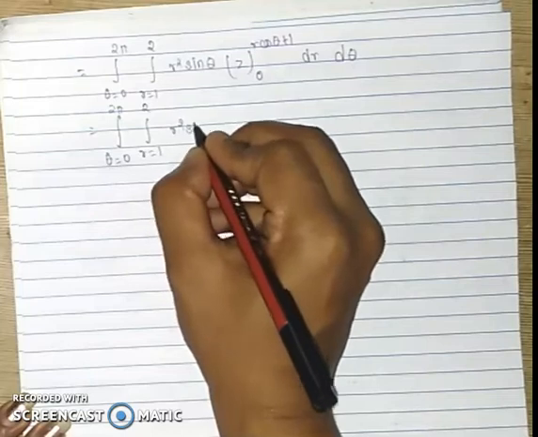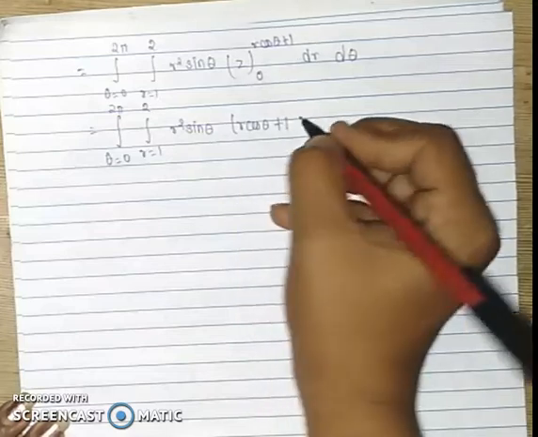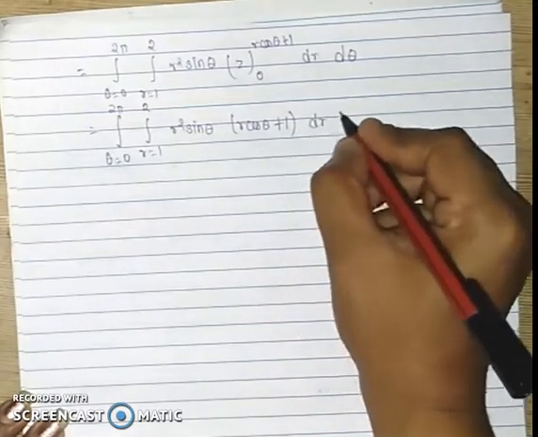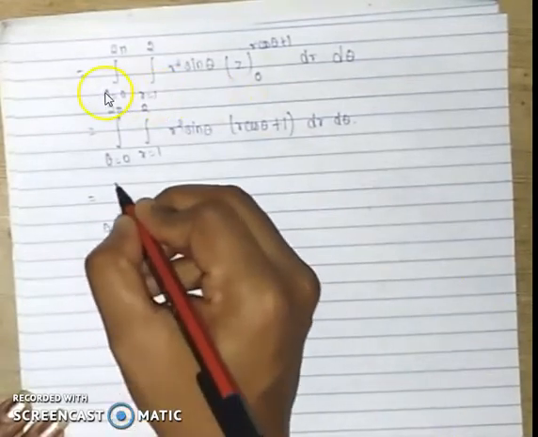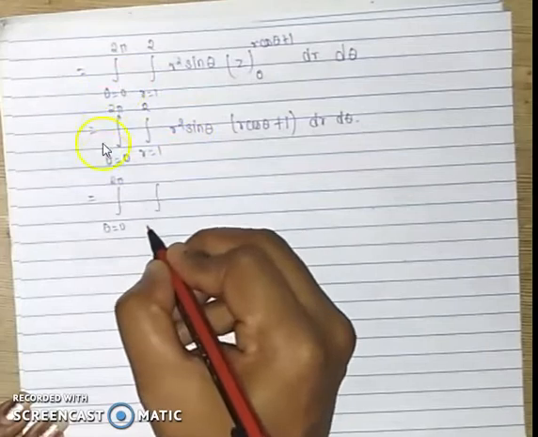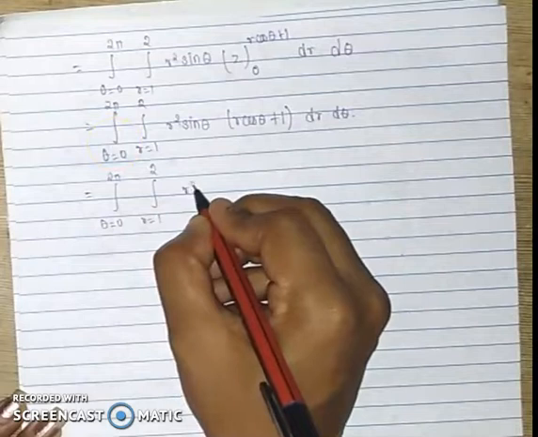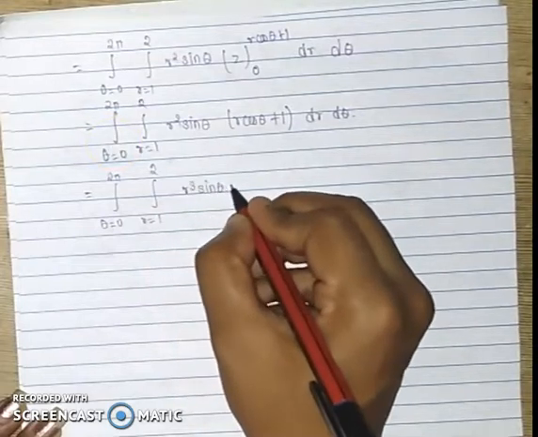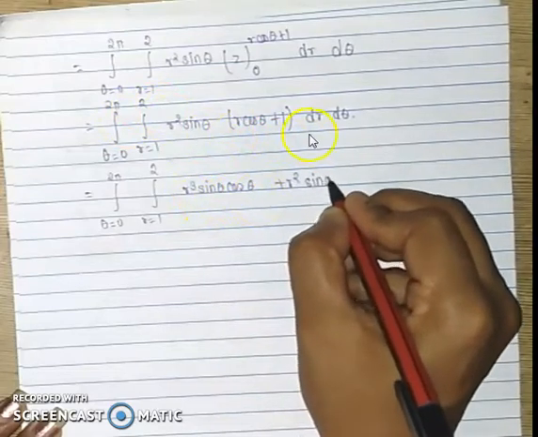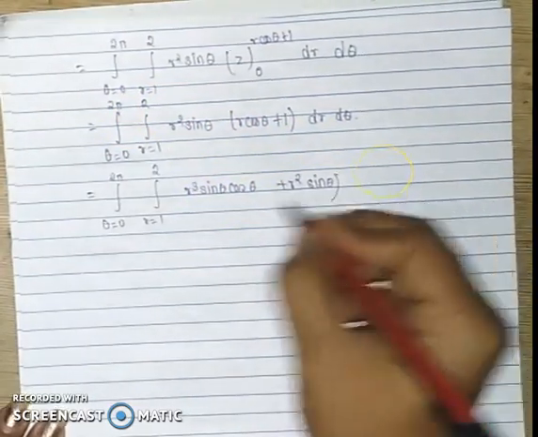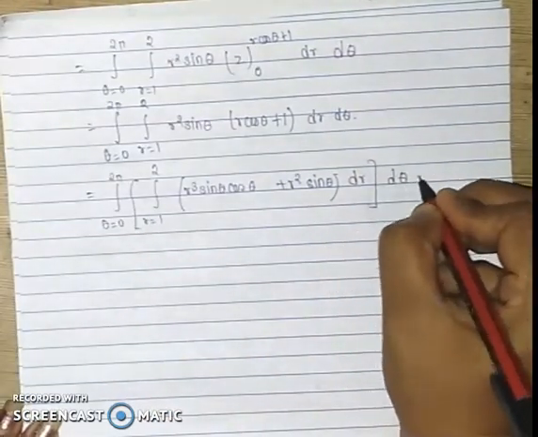It gives me r squared sin theta times r cos theta plus 1 minus 0, which I am not mentioning, dr d theta. Now we'll open the bracket in the second integral. The limit of r is constant, the limit of theta is constant. If you want, you can write it as a product of single integrals. r squared times r gives me r cubed sin theta cos theta, plus r squared sin theta, dr. We'll integrate with respect to r and then with respect to theta.